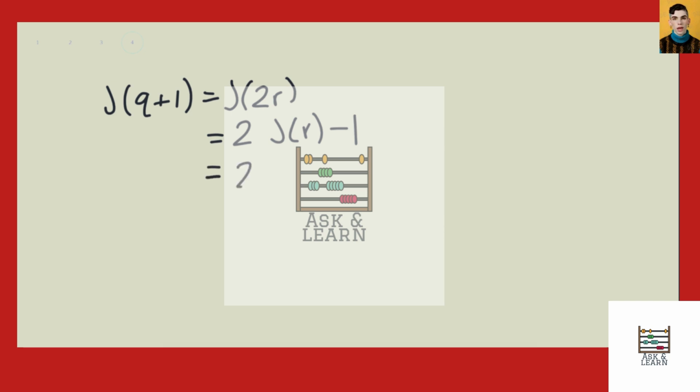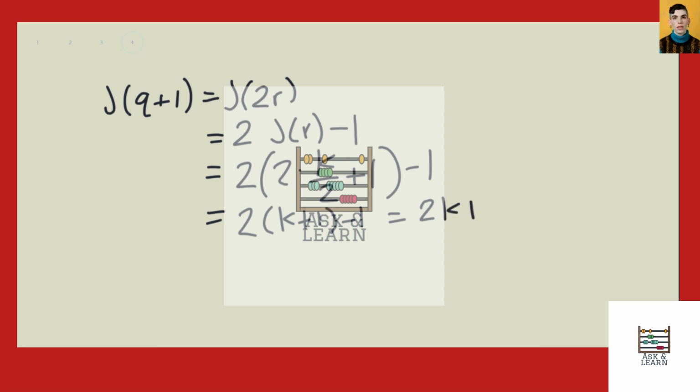And so that's going to be equal to 2 times (k over 2 plus 1) minus 1, okay, which is going to be equal to 2 times (k plus 1) minus 1, which is also just equal to 2k plus 1.